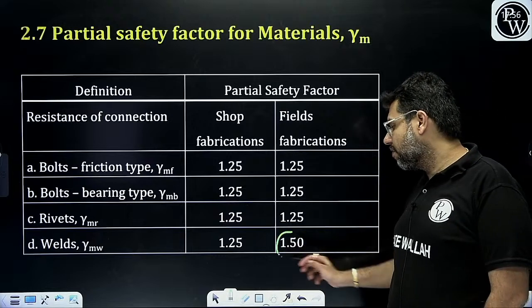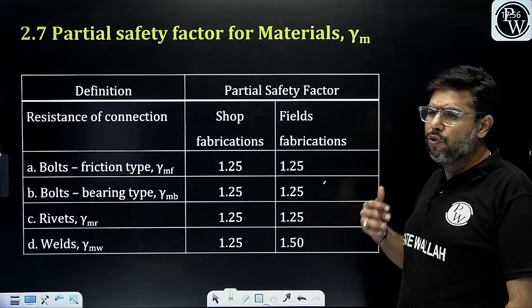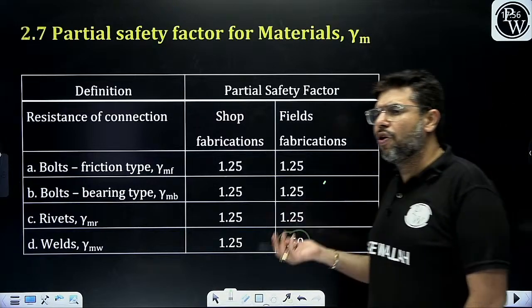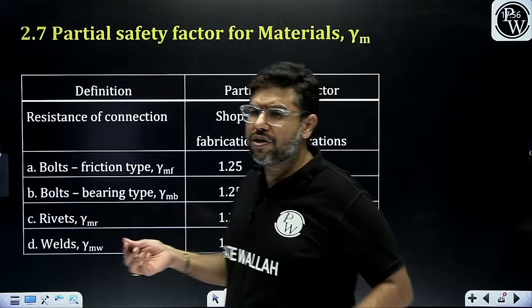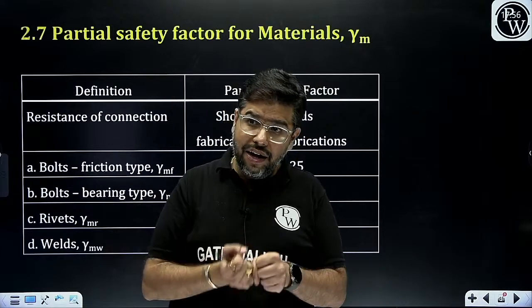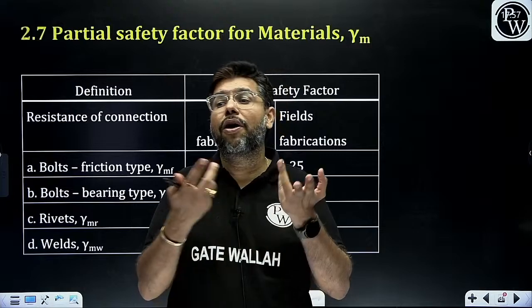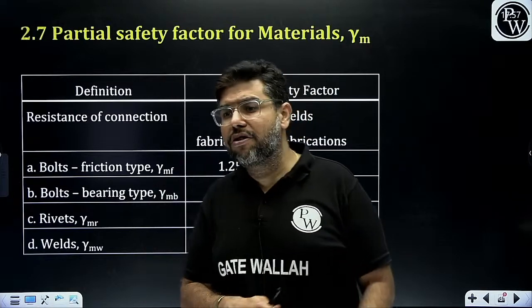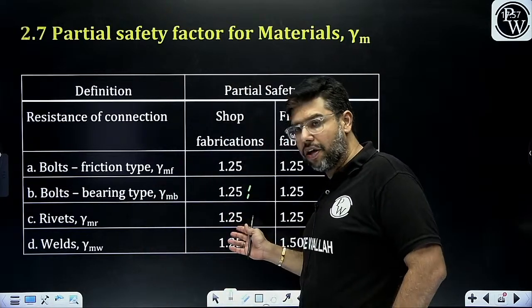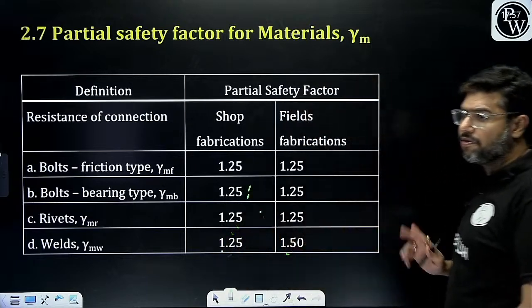So the partial safety factor is therefore increased for welding. But for bolting, whether you do it in the field or at the shop, it is not a matter of concern. Why? Because in the case of bolting, you just have to tighten the nut. Whether you tighten the nut at the shop or at the field, it will make no difference. Therefore, the partial safety factor for bolting and riveting is the same, but for weld it is different. Please make a note of it.